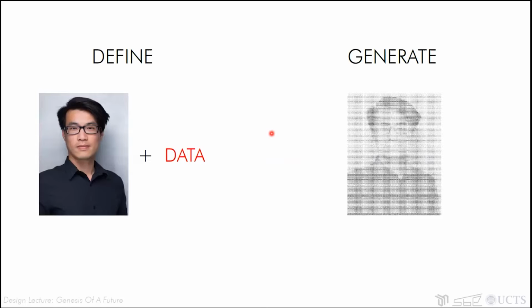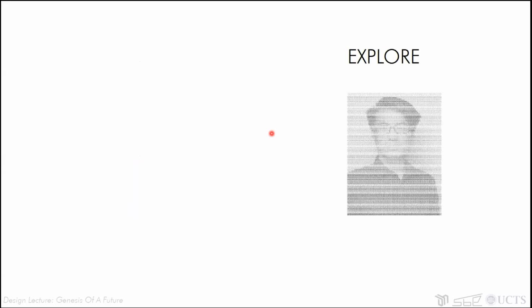So what if we start with the same thing, because you couldn't drink water without having water, so you define and you generate, do whatever you need to do. But the difference comes in the exploration stage where you can take in a lot more input.